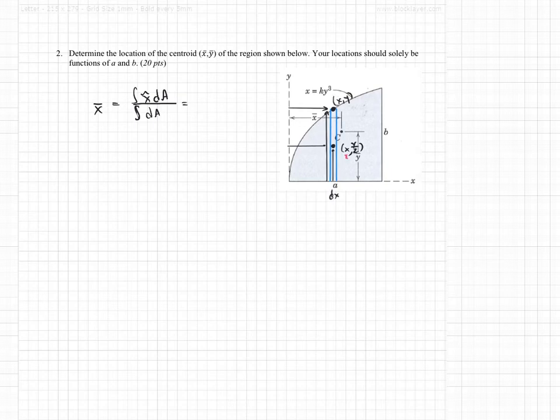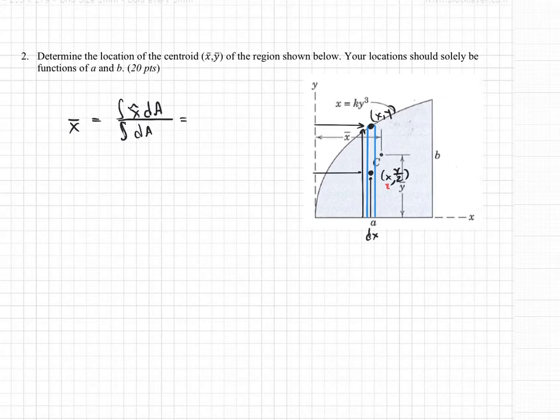So let's zoom in a little bit. We're going to get an x, and then the dA. Well, that's just the area of that blue thing. It's dx wide by a height of y, so y dx, integral. And over here, it's just that same dA, so the height is y and the width is dx.